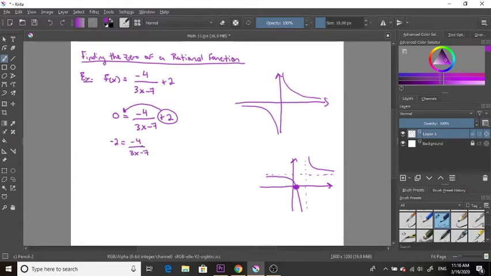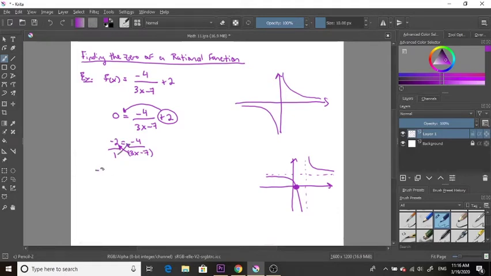Now, the x is on the bottom of the fraction, so we need to bring it to the top of the fraction, and the way we do that is we cross multiply. So we take this negative 2 and put it over 1. We're going to take this value up here, let's put it in brackets. The bottom of this fraction is going to multiply with this number here, and this bottom of the fraction is going to multiply with the negative 4 up here.